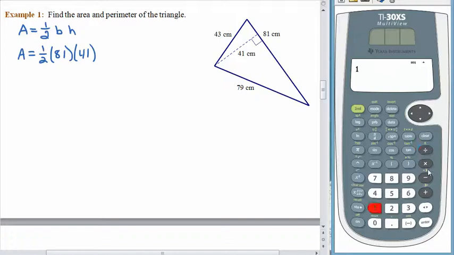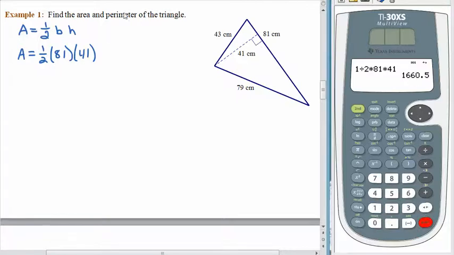Let's see. 1/2 times 81 times 41 is 1,660.5. 1,660.5 what? All right, so this is area. This was 81 centimeters multiplied by 41 centimeters, and centimeters times centimeters are square centimeters.